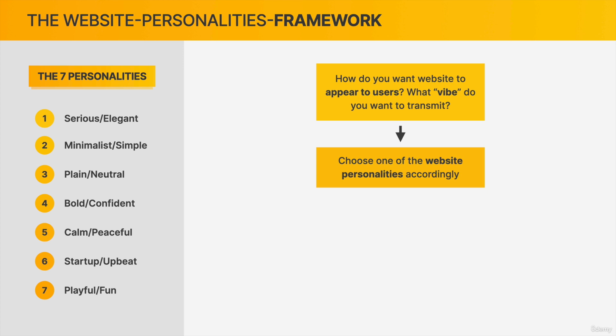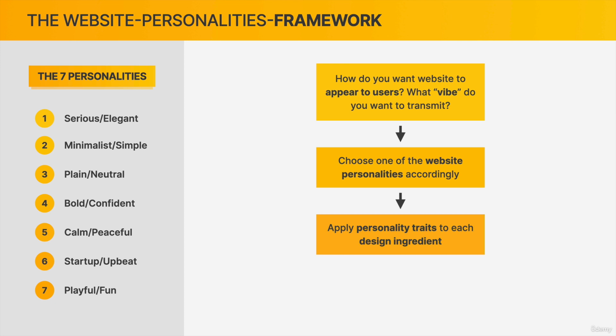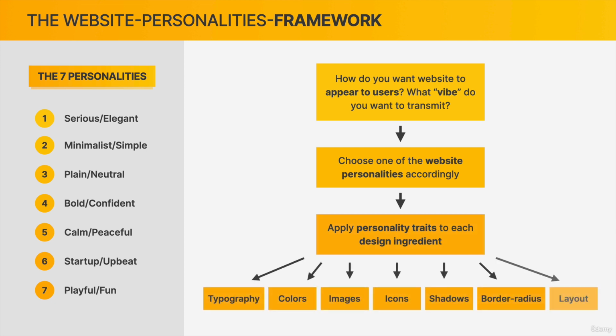For example, the serious and elegant personality doesn't use shadows and doesn't use border radius, while the startup and upbeat personality uses these all the time. Therefore, when we create our designs, all we have to do is to apply these personality traits for each of the design ingredients that we learned about.